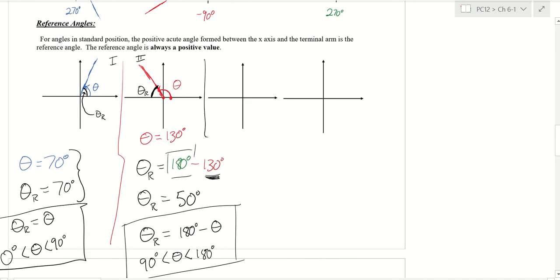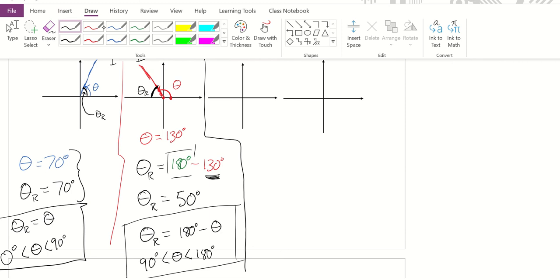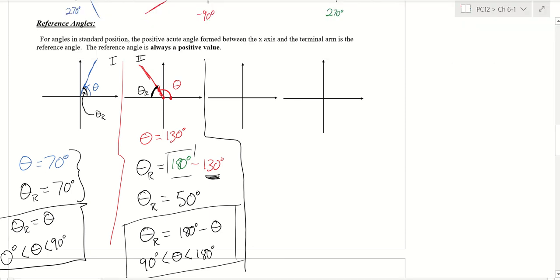Okay, so let's look at another example. Let's look at an angle in standard position of 240 degrees, and let's maybe go a little bit faster here. So let's do this in green. So let's say your angle in standard position here is 240 degrees. So we are going to start on the positive x-axis. We are going to rotate past 180 degrees. How many degrees past 180 are we going to go? 60. We're going to go 60 degrees past 180.